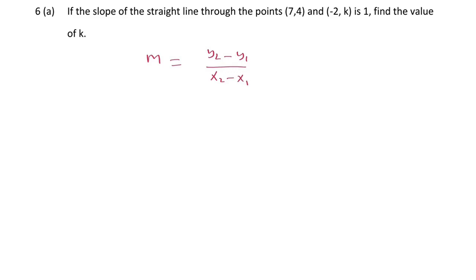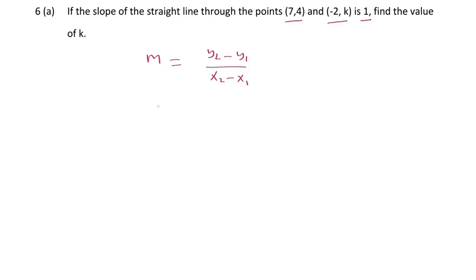We have several given values from our question. So we have slope equals to 1, x1 and y1, we can take this one 7, 4, and x2, y2, we can take this as negative 2, k.